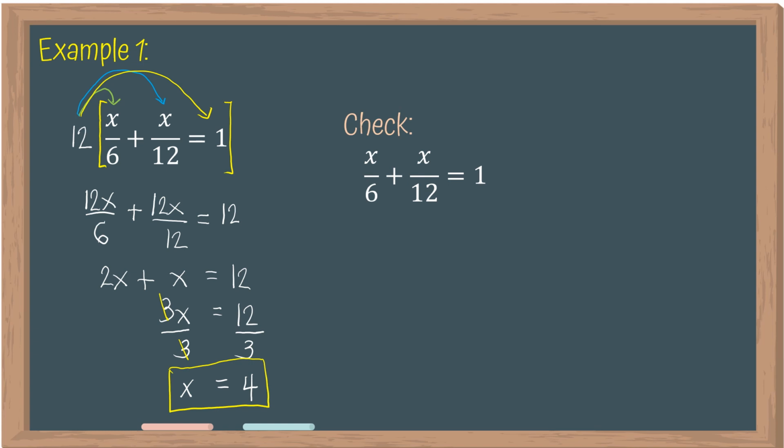So, let's do this. So, replacing x with 4, we will have 4 over 6 plus 4 over 12 is equal to 1. So, pinalitan lang natin yung mga variables natin ng 4.